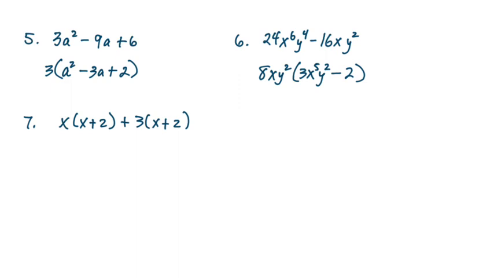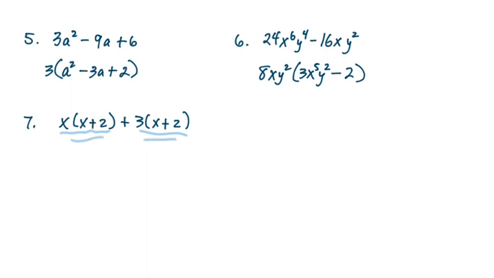All right, so basically we have 2 terms here. Terms, like if you look at 3a squared, that's a product of 3 times 2 a's. So terms are separated by a plus or minus sign. So you have 2 terms here separated by this plus sign. So now down at number 7, we have 2 different products.